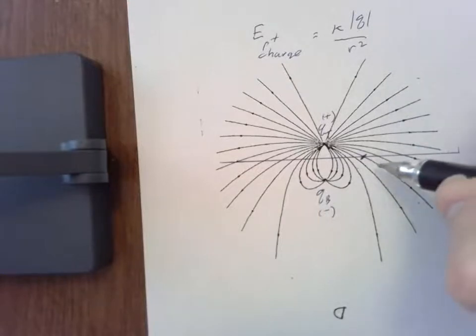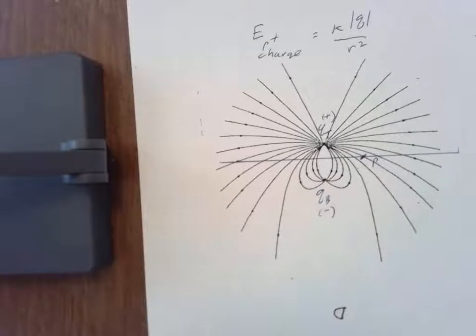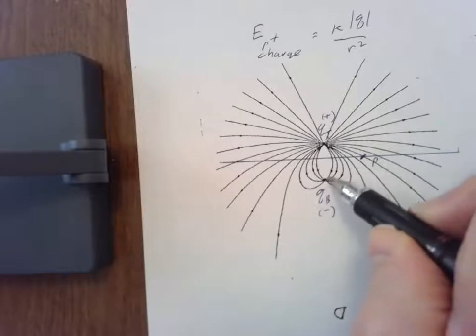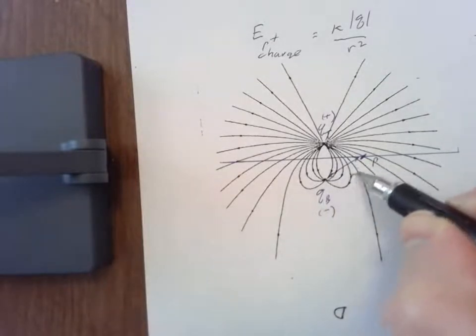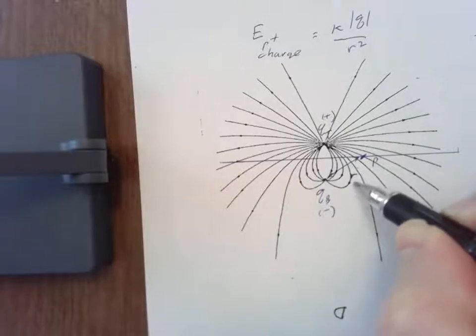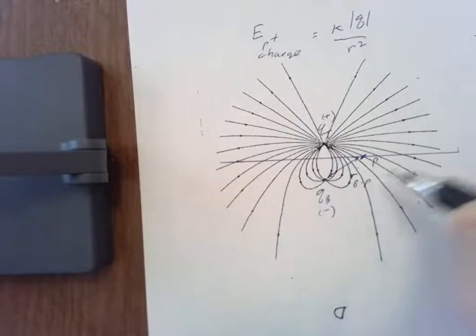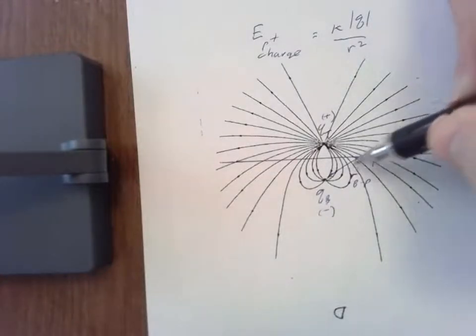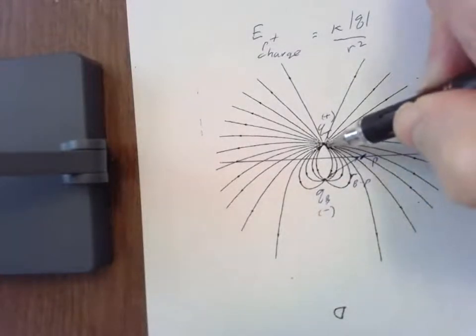All right, and I'm going to call that point P. And so this distance from here to here would be the radius from the bottom charge to P. That's how far the point P is from the bottom charge.